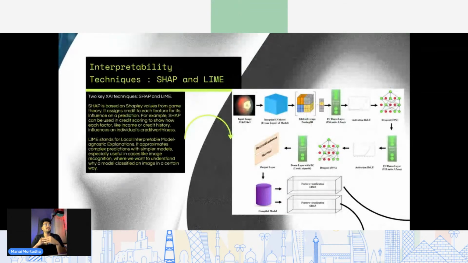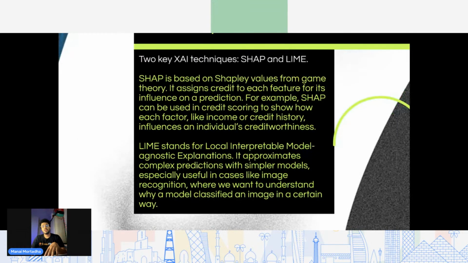Okay, now, as I said at the start of the presentation, I'm going to focus on SHAP and LIME today, and those are interpretability techniques. So, to start, what's SHAP and what's LIME? SHAP is based on Shapley values from game theory.